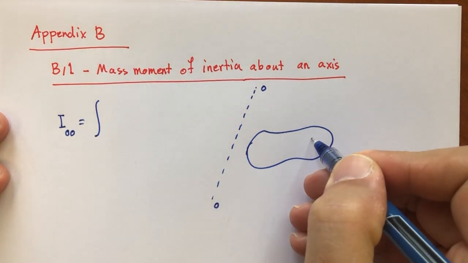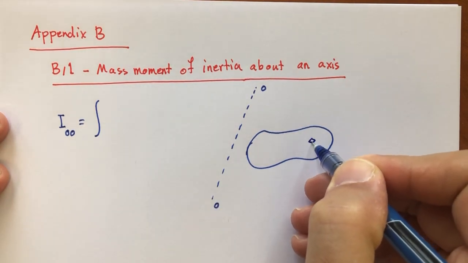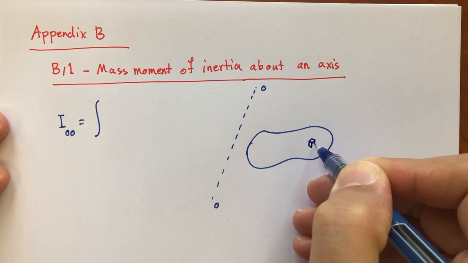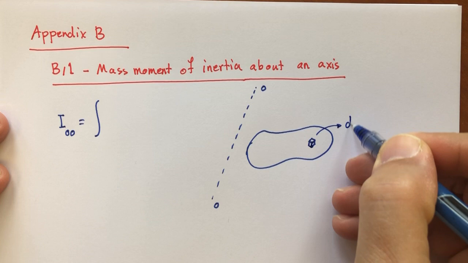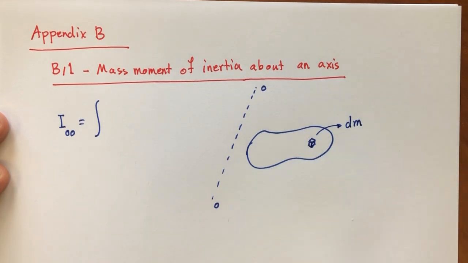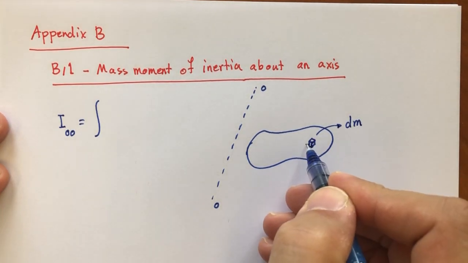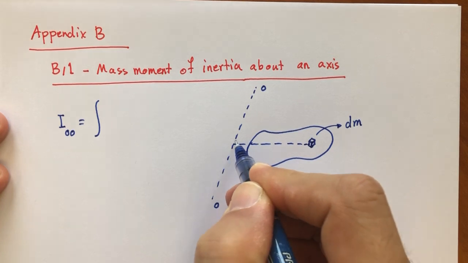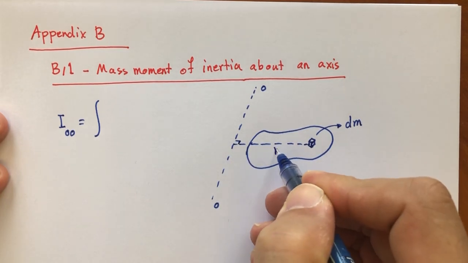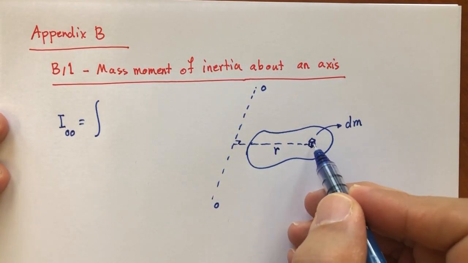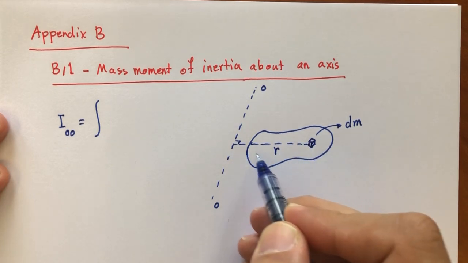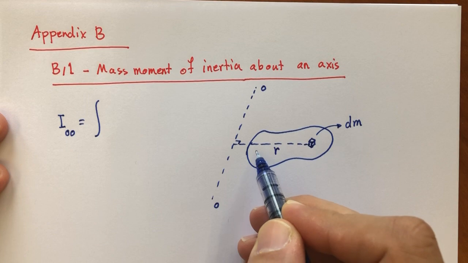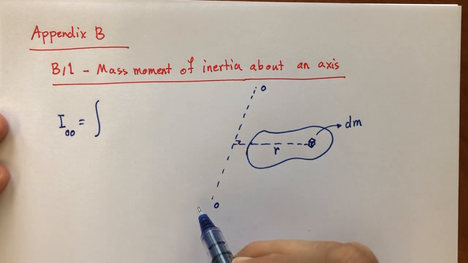So if I chop this mass into very small pieces like this, let's say the mass of this piece is dm, and the distance of it from the given axis is r. So I need to multiply this mass by r squared and do the same thing for every piece of this material and add all of them together.